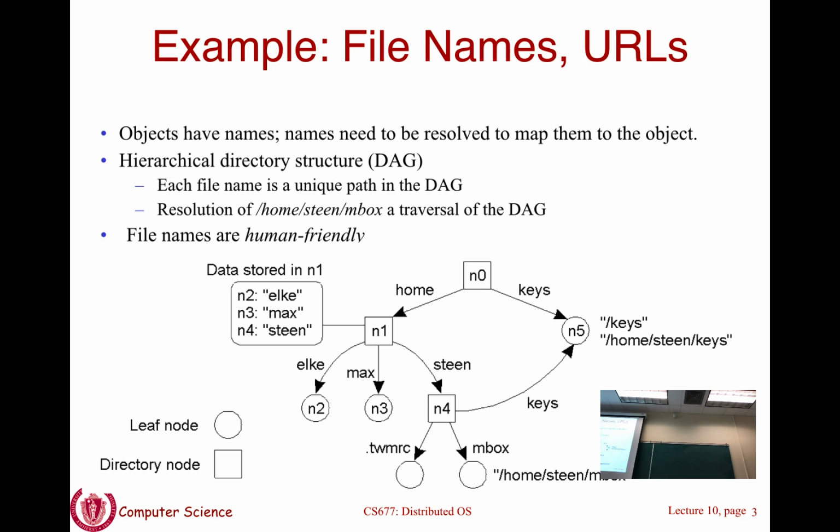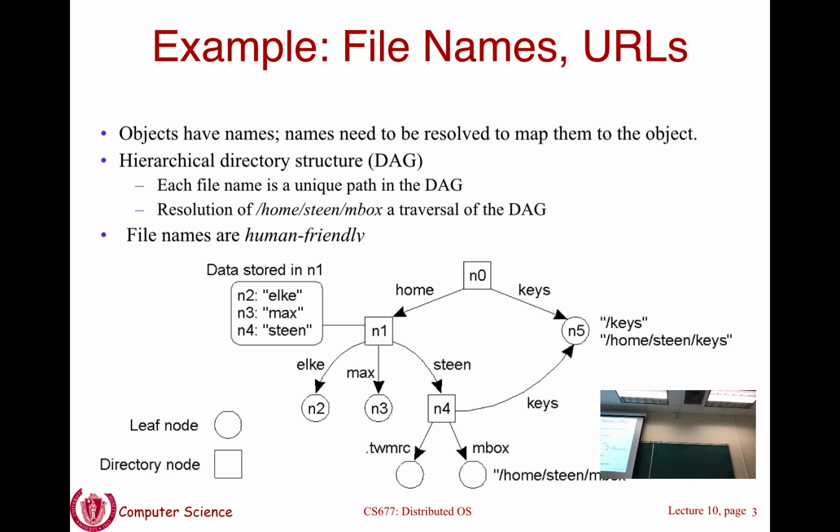Once you find that subdirectory, you go to the next part of the path. You open the directory called home, and ask, is there a subdirectory called Steen in that directory home?